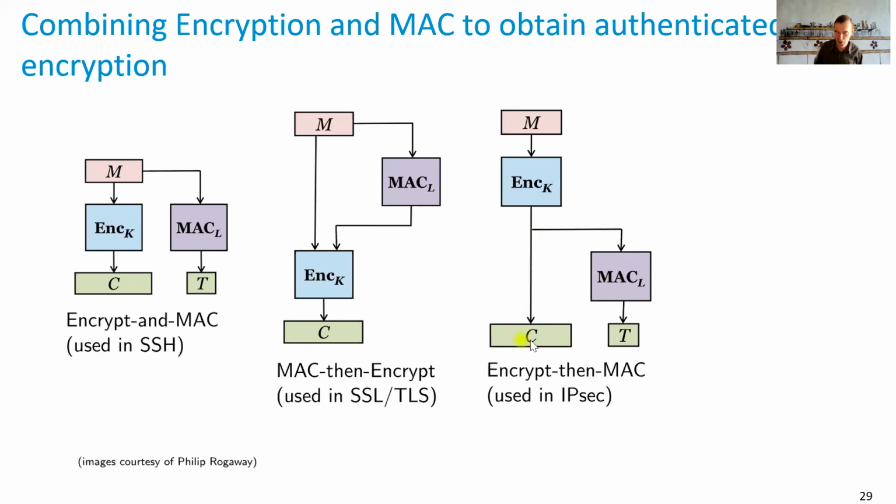So if the encrypted message has been tampered with, which is what the attacker will do in the other systems, you send wrong encrypted messages and look at what are the error messages that are sent by the destination. Those two combinations do not prevent this from happening. So they don't protect you against such attacks.